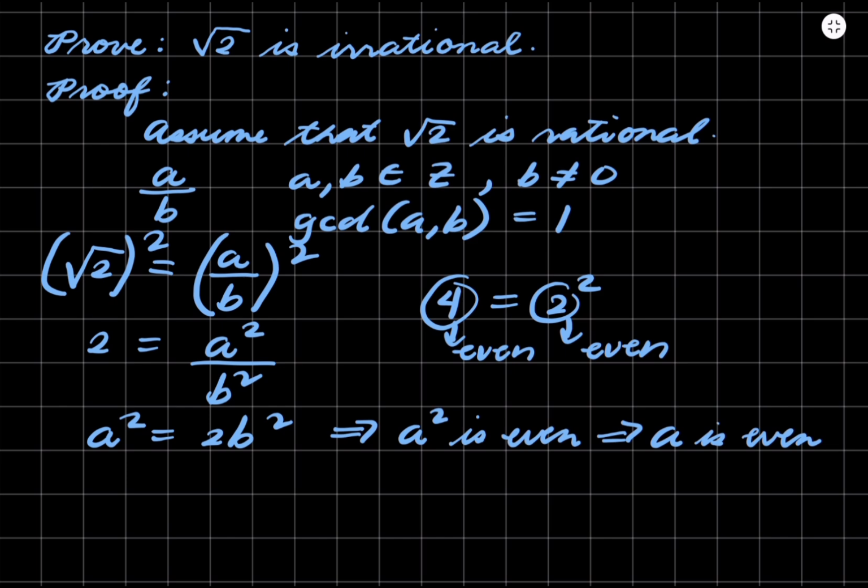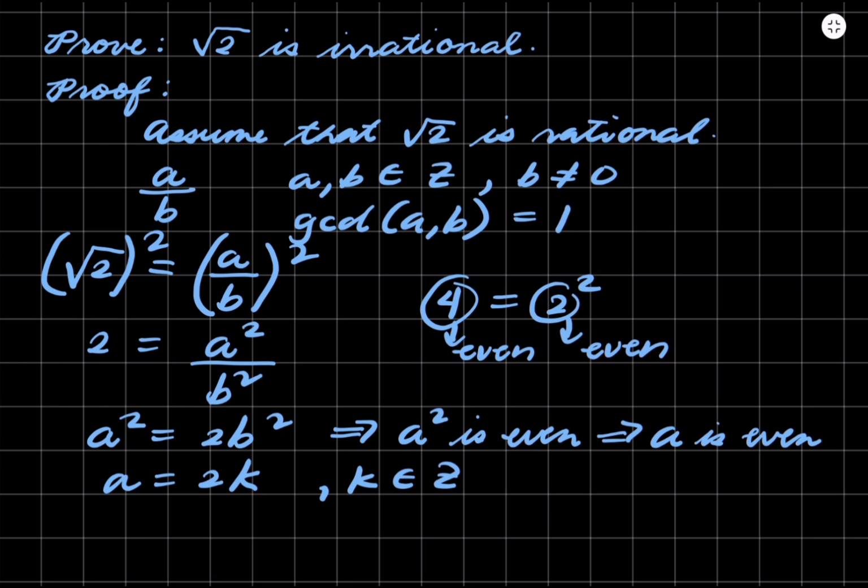Now, since a is even, we can let a be equal to 2k. Remember, even numbers are multiples of 2. So k here is some integer k. Okay? k is an element of the integers. Now, let us substitute.